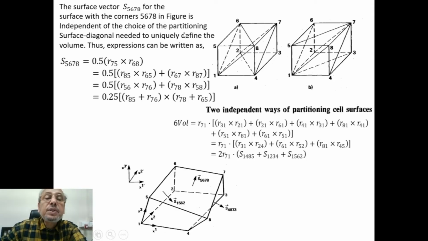Basically, independent of the choice of the partitioning surface, the diagonal is needed to uniquely define the volume. Thus, the expressions can be written as S5678, where we have given expressions like 0.5 into R75 into R68, and all these options are possible.